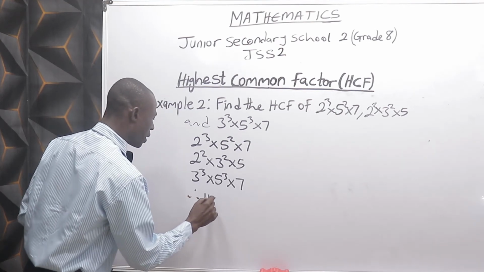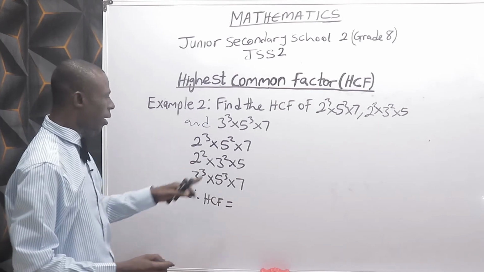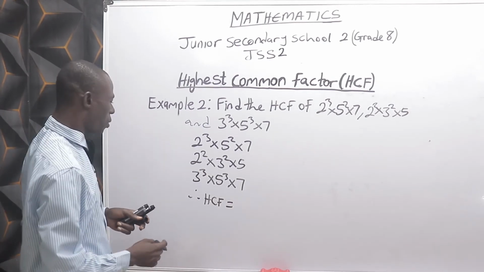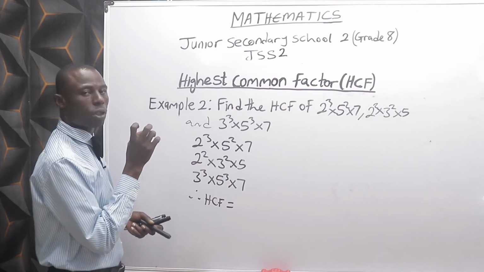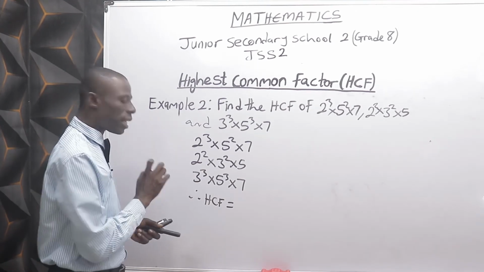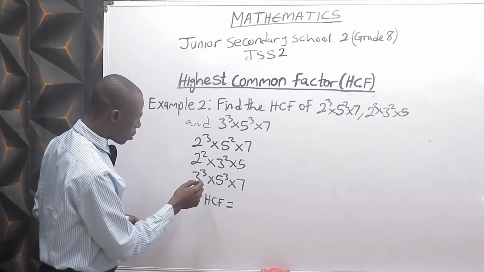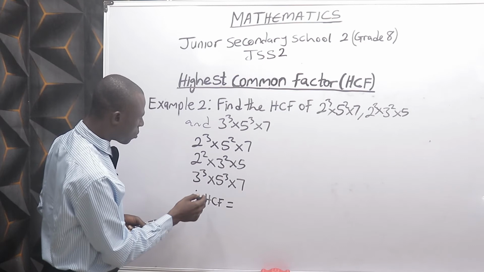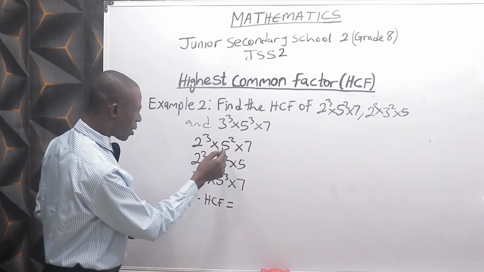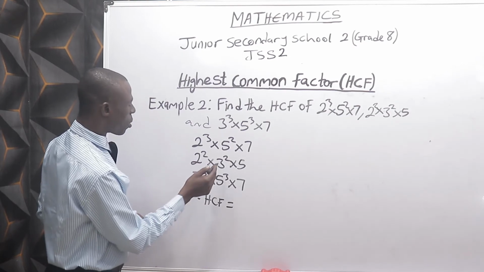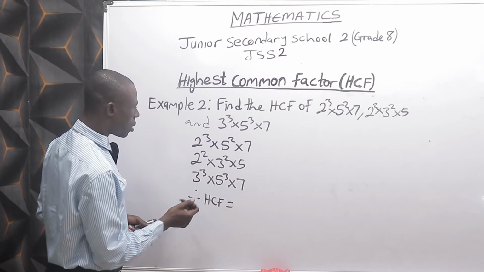Therefore, the HCF of these 3 expressions is, don't forget, the product of all the common factors in their lowest power. 2 is not common to them. 2 is only in the first and second. 3 is not common. 3 as a factor is in the last and the middle one.